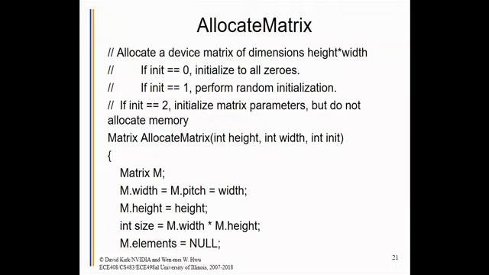When you need to allocate a matrix, you give it a height and a width, and then some kind of initialization mode. These library functions oftentimes give you different choices of how you want to initialize your object.